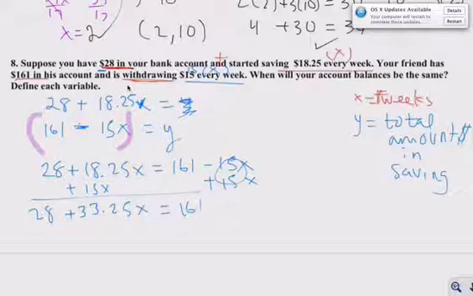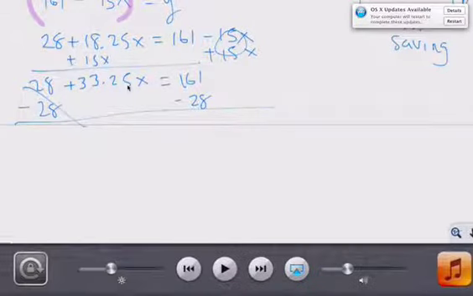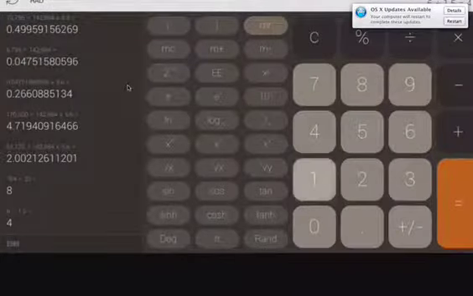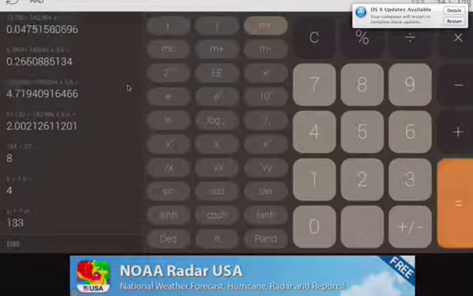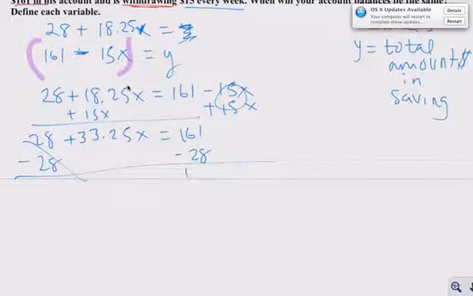That is 161 minus 28. Okay, and you would get, just to make sure, 161 minus 28. I can do it there, but 133. I'd probably do it faster in my head.